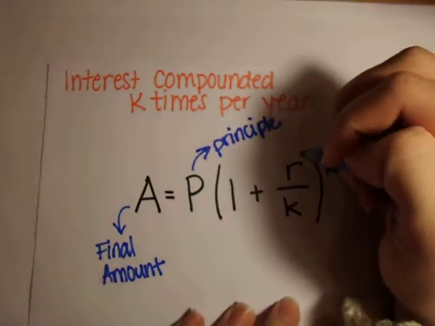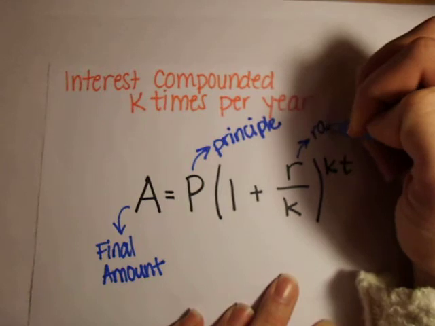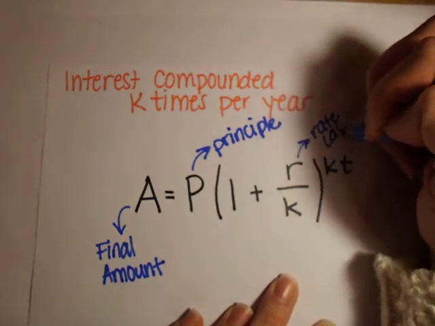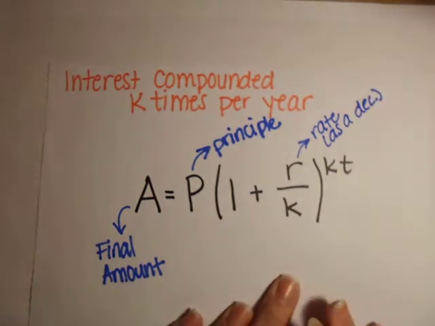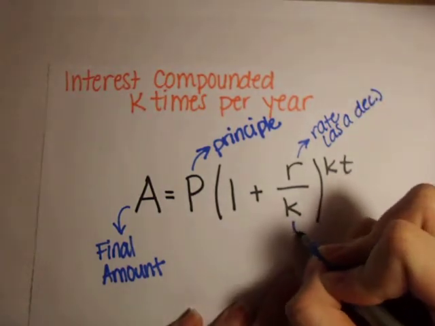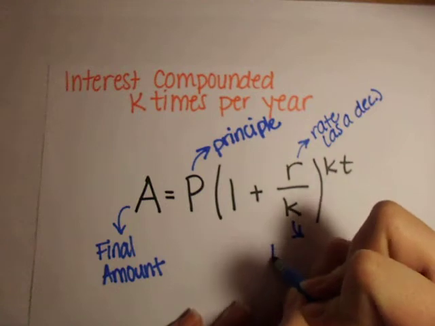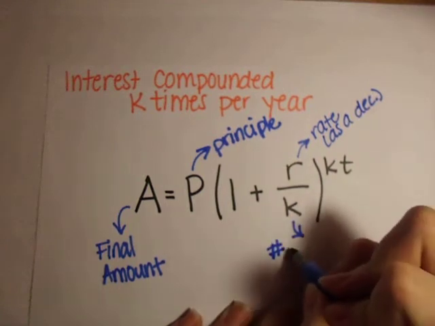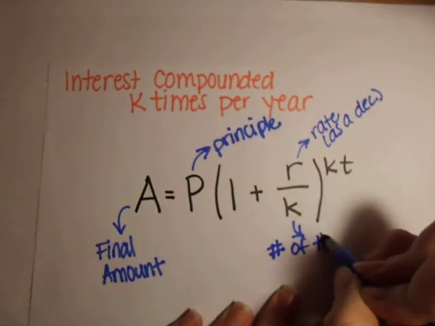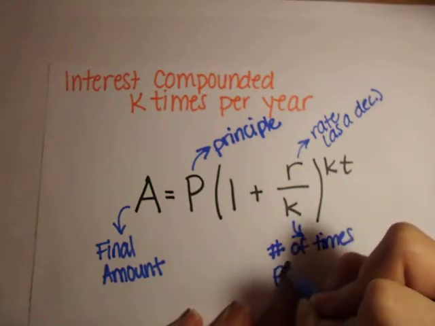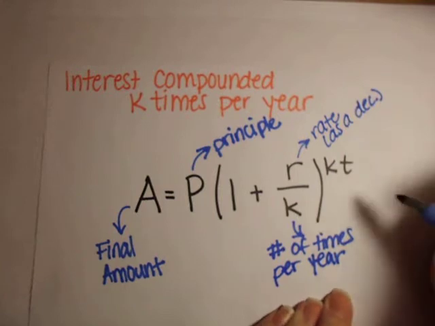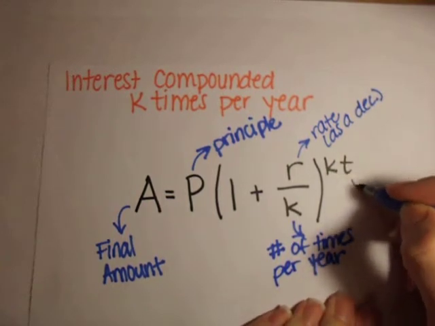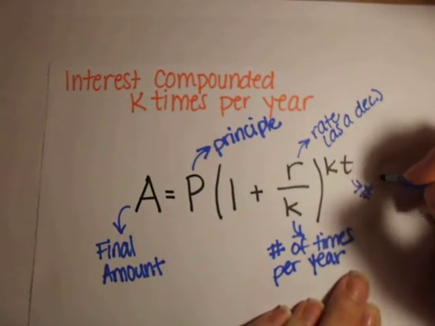R is our rate as a decimal, so this will be our interest rate. Then we have K, which will be the number of times per year that our interest is compounded. And then finally, we'll have our K times our T, where T is our number of years.